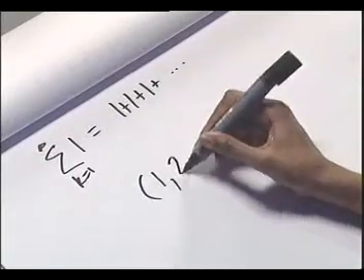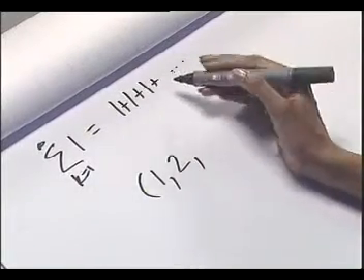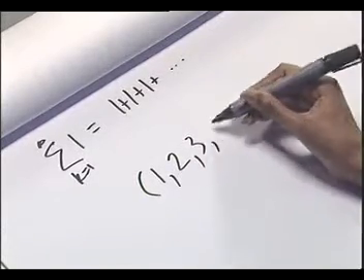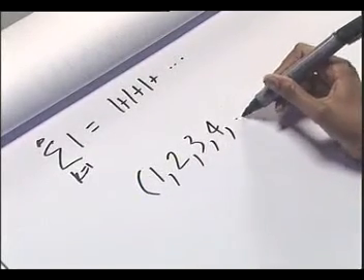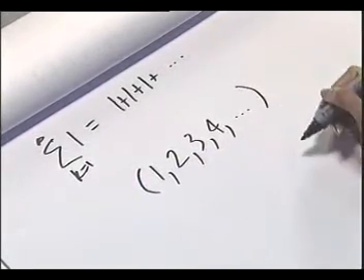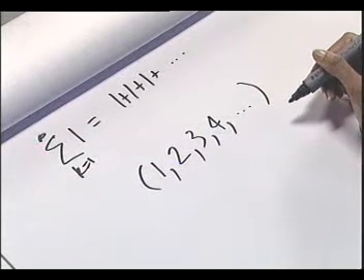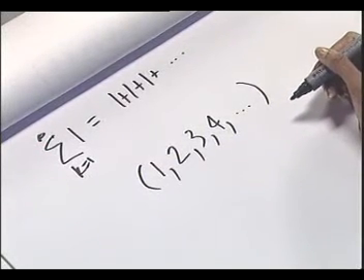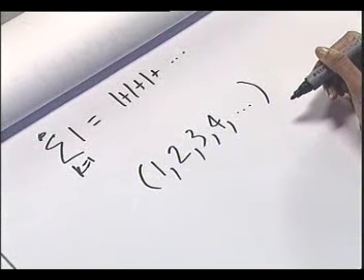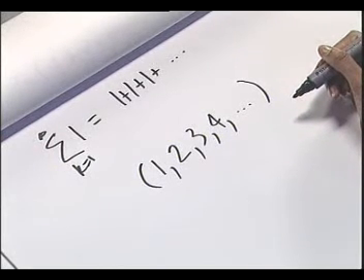If we look at the sequence of partial sums for this, well, the first one is 1, then it's 1 plus 1, which is 2, then it's 1 plus 1 plus 1, which is 3, then 4, and so on. Now this sequence certainly doesn't get closer to any number. In fact, it tends to infinity. If this happens, we say the series doesn't have a sum.